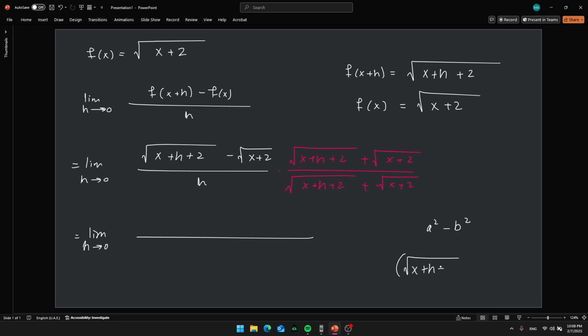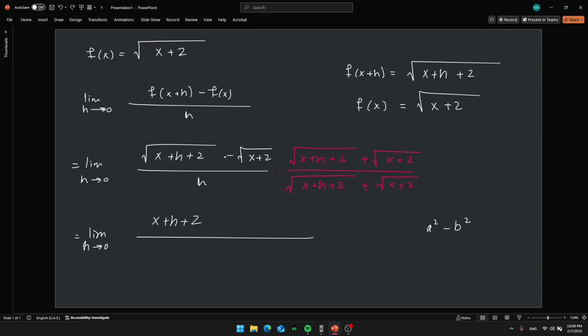The square will cancel the radical, so I'm left with x plus h plus 2. Now for b, I'm going to square it as well. Again, the square will cancel the square root, so I'm left with x plus 2.